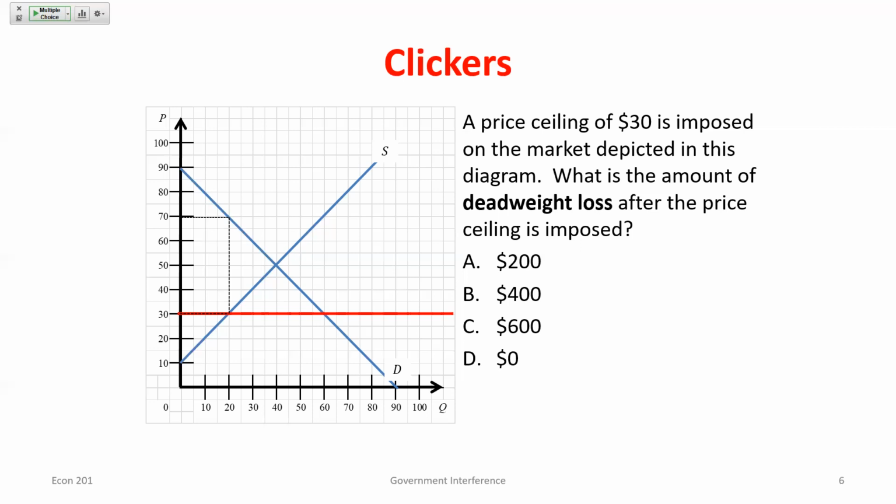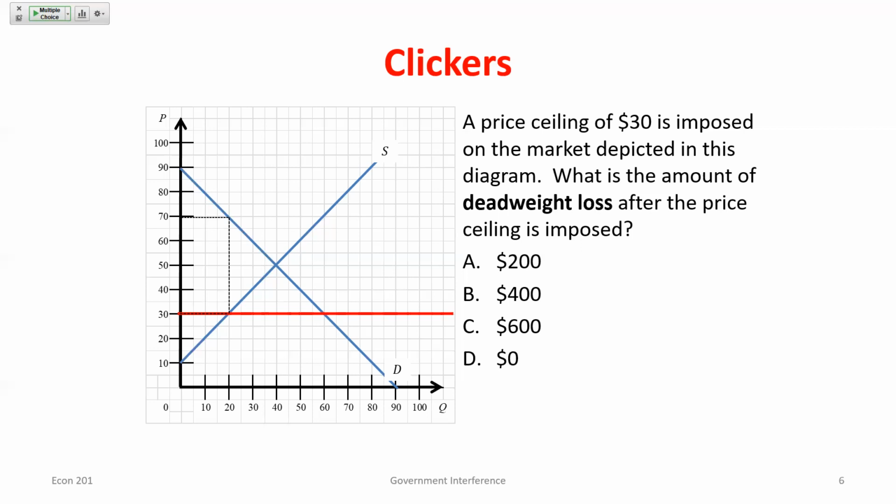Adding this up between the demand and supply curves, the demand curve represents the marginal benefits of that good being sold and purchased, and the difference between that and the costs of providing that unit, represented by my supply curve. So when we're looking for deadweight loss, it's the total surplus, the difference between the demand and supply curve, that was lost from all these units no longer being sold.